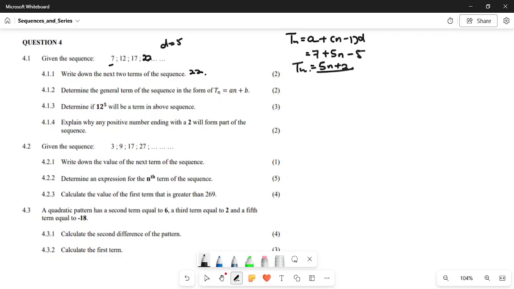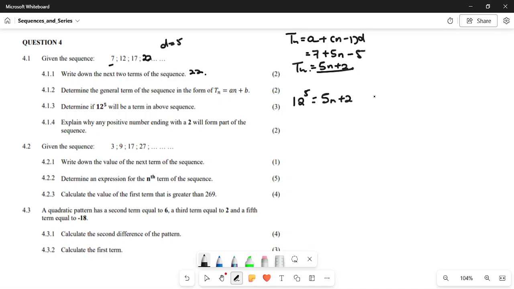And then the third question: determine if 12 to the power 5 will be a term in the above sequence. So we're given a value and we are asked to verify whether this value will be part of our sequence. To verify that, we can say that at some value n, we've got the value 12 to the power 5, and we equate that to our general nth term, 5n plus 2.